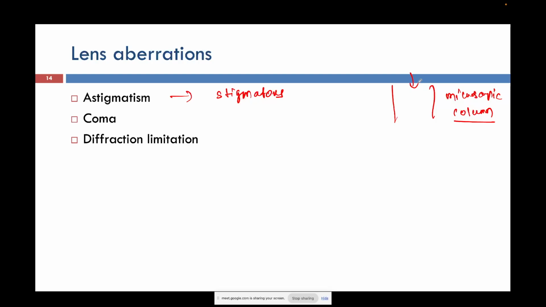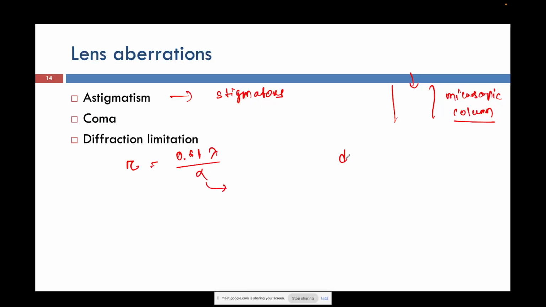And another thing is also diffraction limitation. Okay, and one thing I want to say, if we want to measure this diffraction limitation, it is 0.61 sigma divided by alpha. So how does this alpha come?